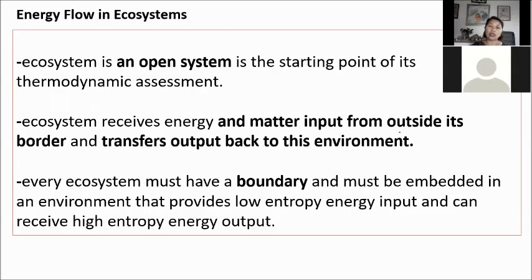So pag sabihin natin open system, merong mass, merong energy entering that system, and at the same time, meron ding leaving. Mass and energy entering is equal to mass and energy leaving that system. So every ecosystem must have a boundary. So even if the ecosystem is an open system, there is a boundary. It must be embedded in an environment that provides low entropy energy input and can receive high entropy energy output.